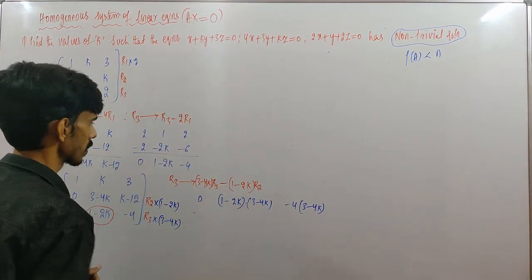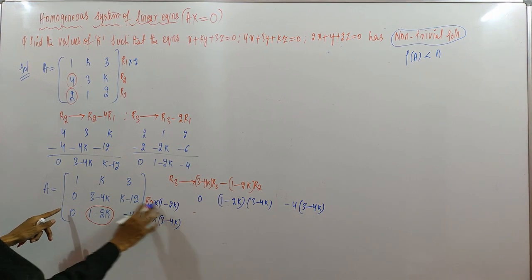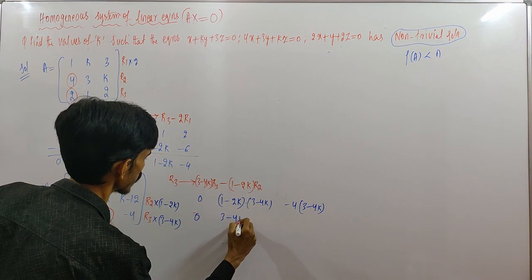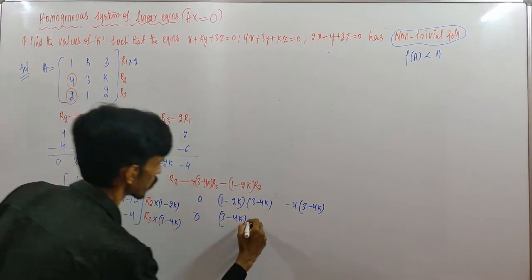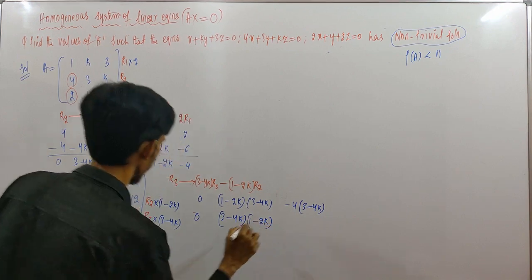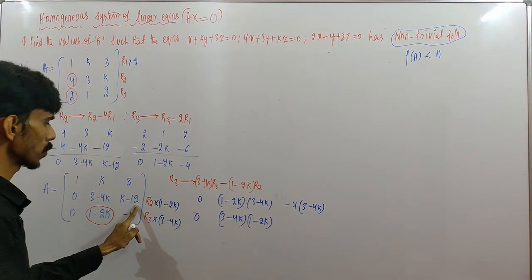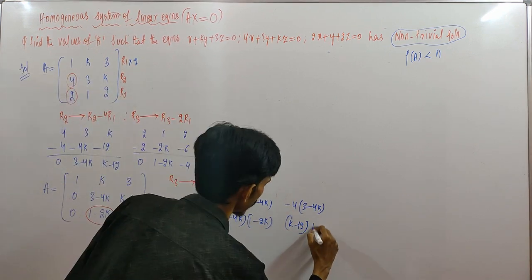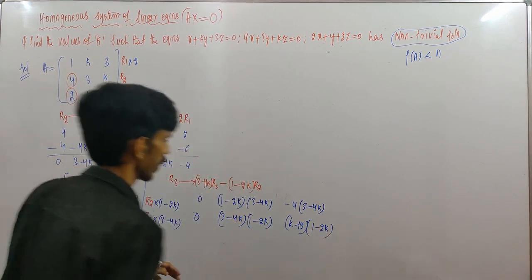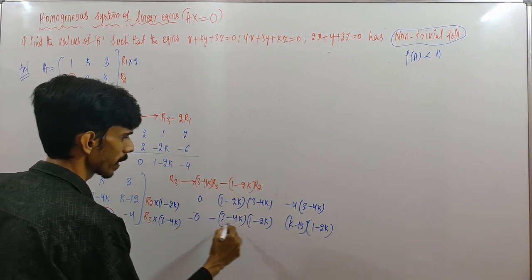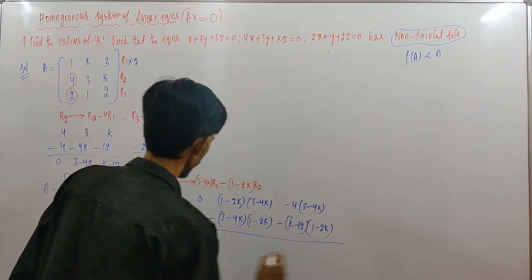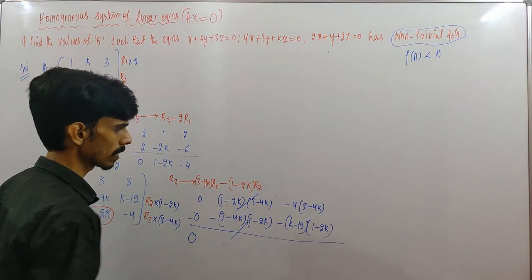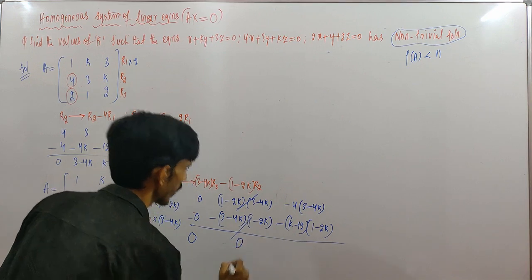Next, 3 minus 4k into 1 minus 2k into k minus 12 into 1 minus 2k. Here we have a minus sign. Now we have 0, these two terms are same, so they get cancelled.